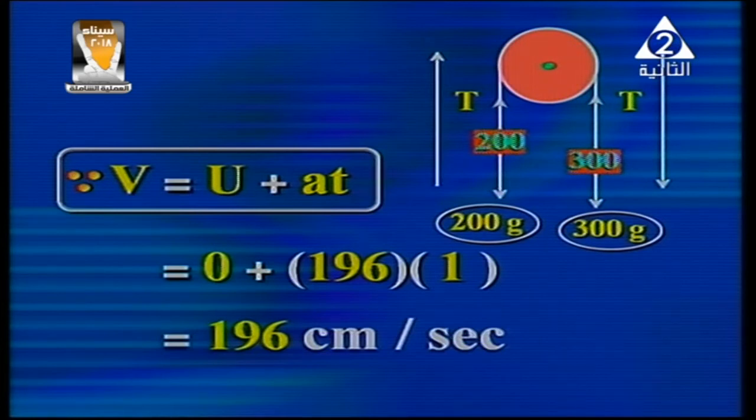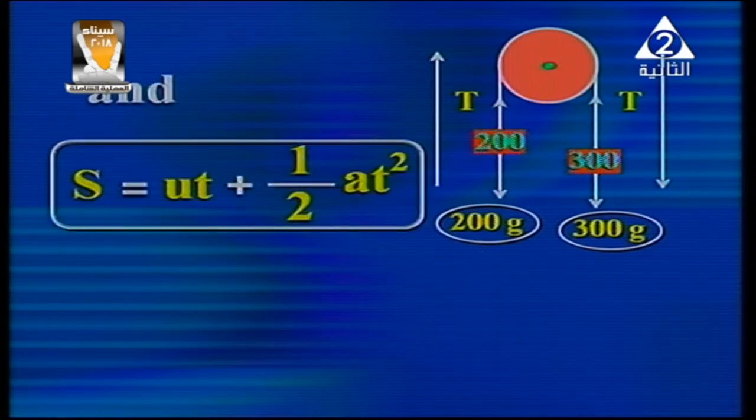Remember, the velocity is 196 centimeter per second, but the acceleration is 196 centimeter per second squared. The same value, but not the same unit. Also, the second Newton law is s equals ut plus half at squared.